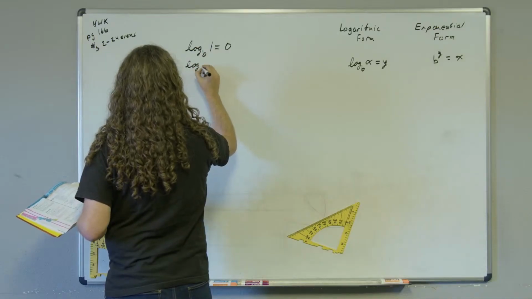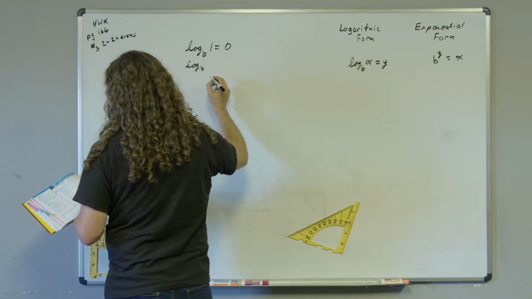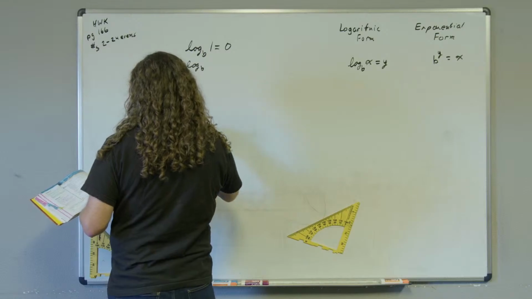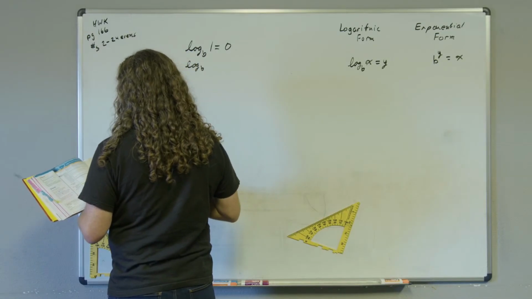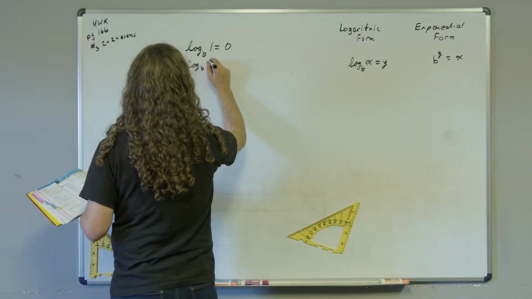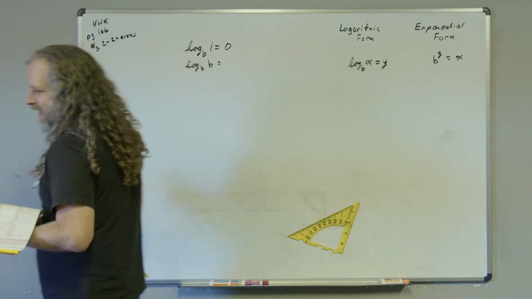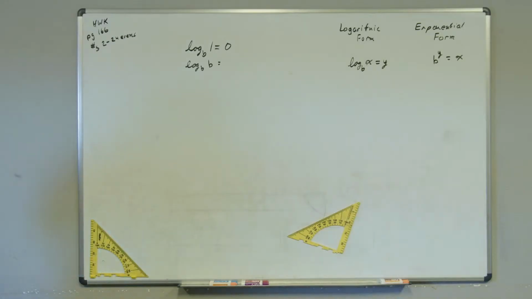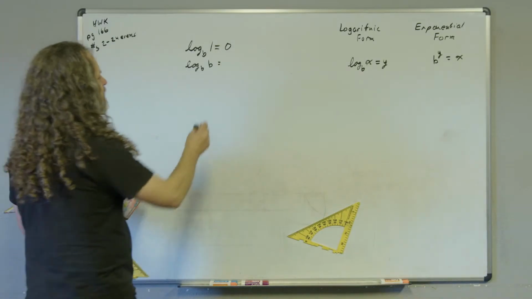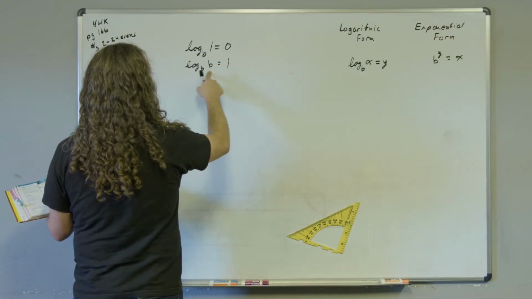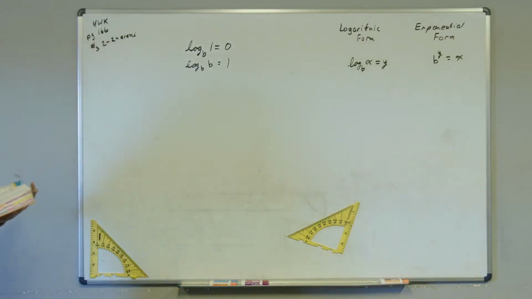Log base b of b: if I have something and I raise it to something else and it stays the same, what does it equal? 1. Something to the first is that something. If the base and the argument match, the answer is 1. Easy peasy.